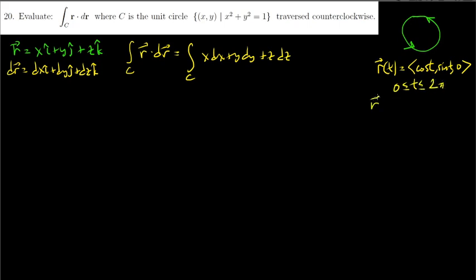And then r prime, because we need that for the dr, is just going to be negative sine of t, cosine of t, and the derivative of 0 is 0, right?